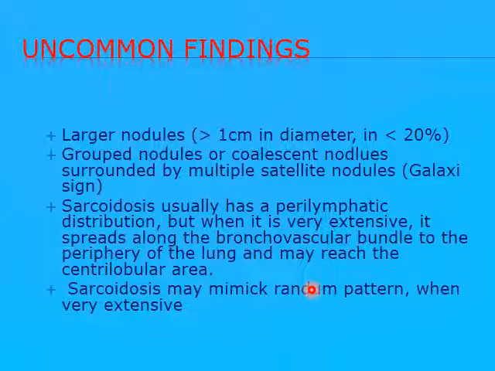It may present extensively along the bronchovascular bundles and may have centrilobular nodules as well. So these are all the features which make sarcoidosis the great mimicker.